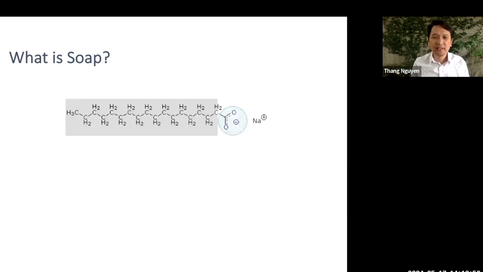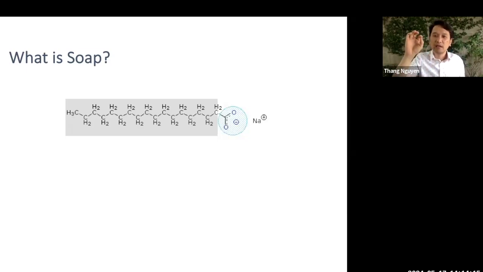Soap is basically this molecule here, where you have a chain of hydrocarbons ranging from maybe 15 to 17 carbons. Remember, hydrocarbons mean that every carbon is just filled up with hydrogens and is saturated. And on the other end, you have this carboxylic functional group that has been deprotonated.